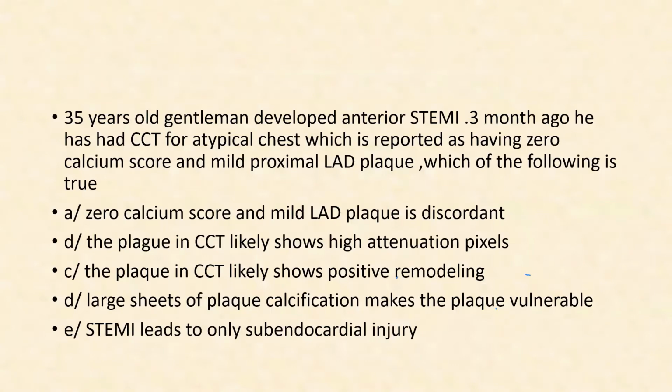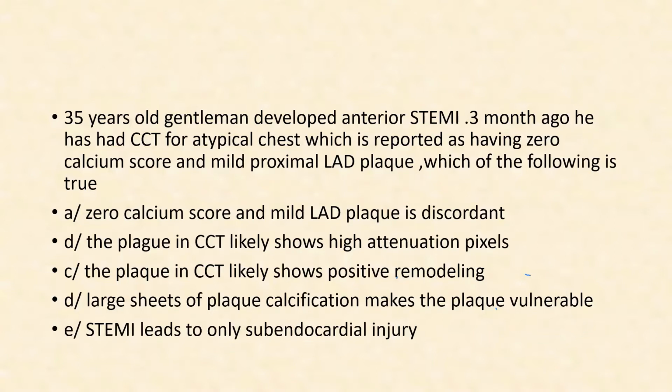Now the question is: a 35-year-old gentleman developed anterior STEMI. 3 months ago, prior to his STEMI now, he had a cardiac CT for atypical chest pain, which was reported as having a 0 calcium score and a mild proximal LAD plaque. Which of the following is true?